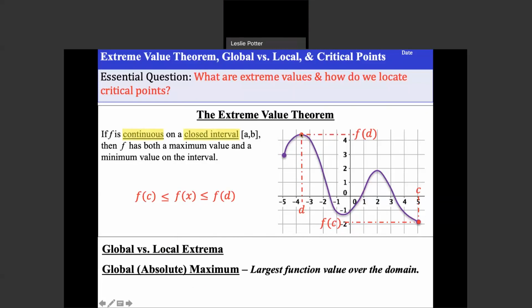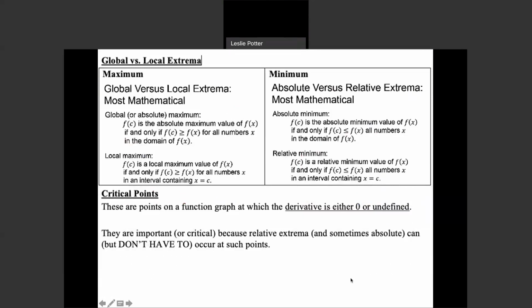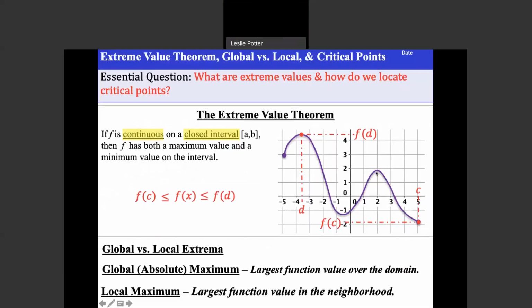It's the highest function value in this entire domain. A local maximum would be the largest function value in a certain vicinity. For instance, this would be a local maximum right here at about x equals 2. It certainly is the biggest in its neighborhood, in its area, but it's not the biggest of the big. So that's global versus local.